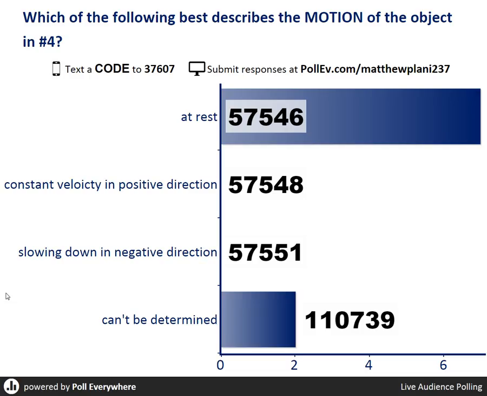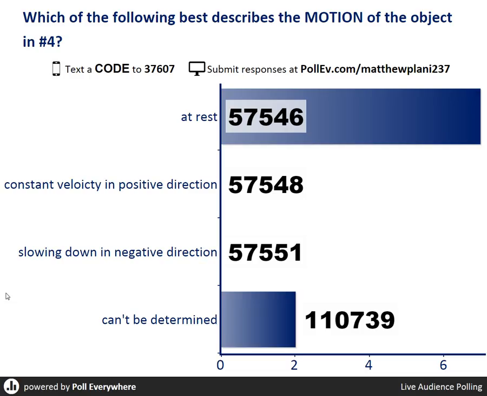We said that net force 0 means that the acceleration is 0. But acceleration measures change, right? There are 2 choices up there that describe no change.